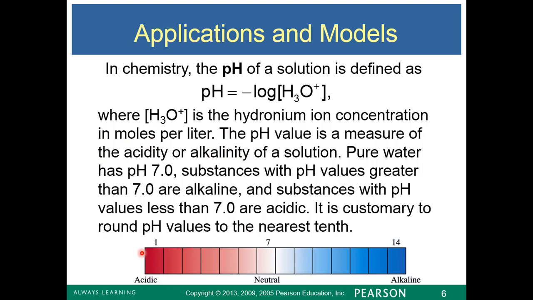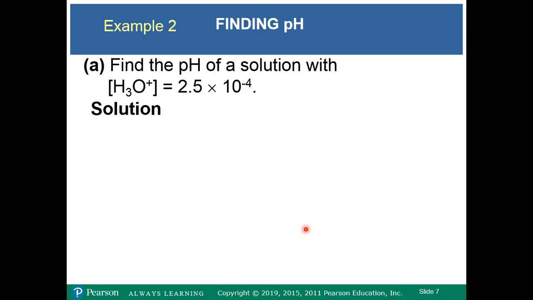So if it's closer to 1, it's going to be acidic. If it's closer to 14, then it's going to be a base, where a pH of 7 is neutral, like pure water. We're going to round to the nearest tenth, which is the customary thing to do for pH.